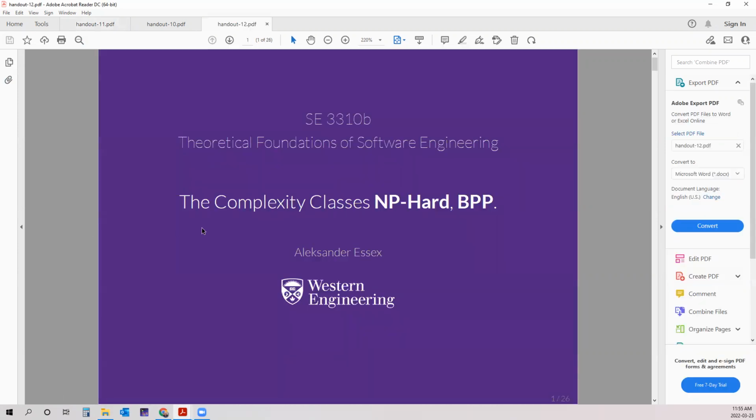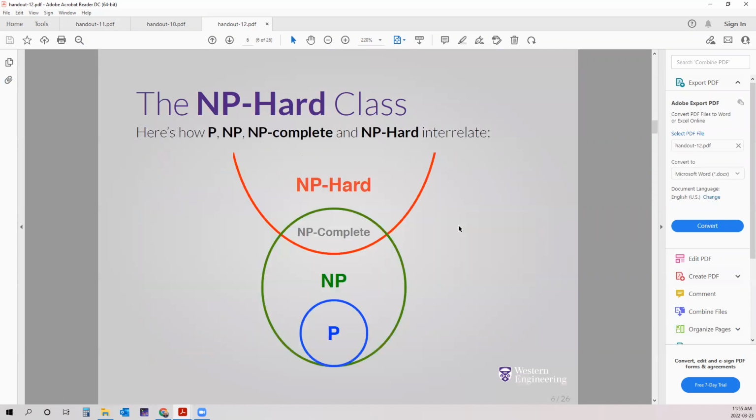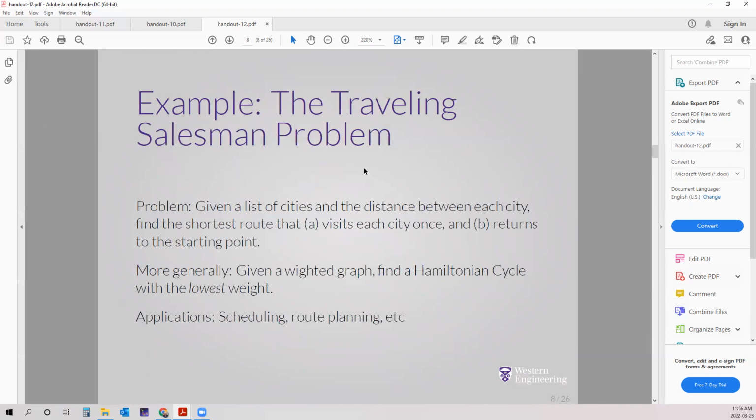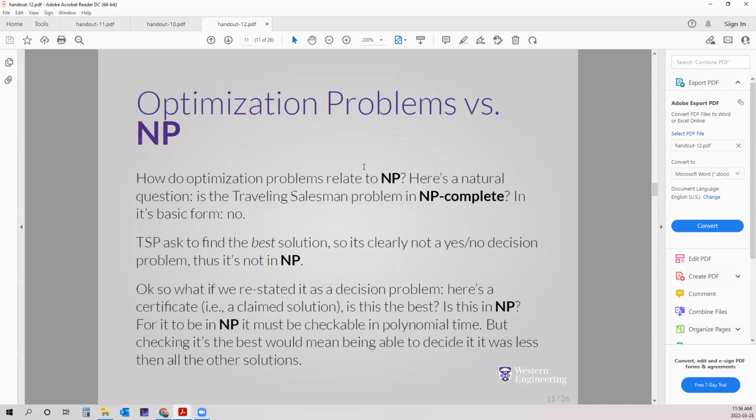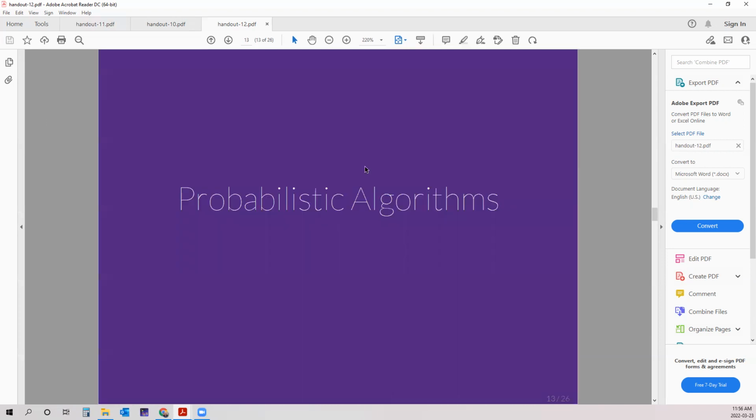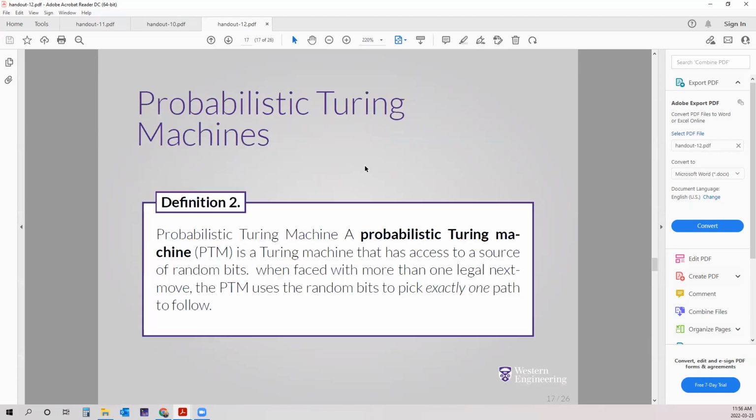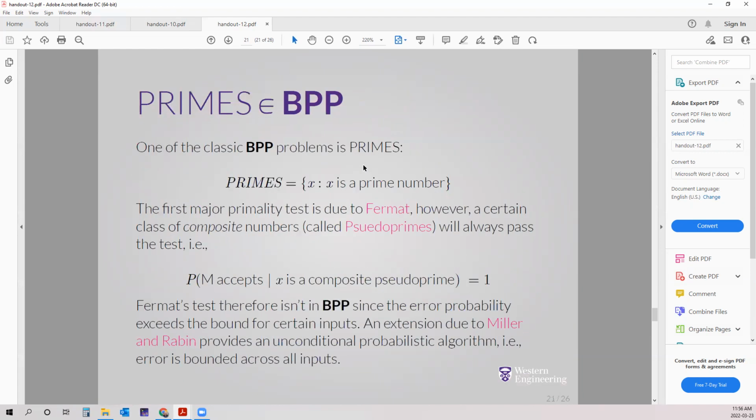Then we'll have handout 12, the classes NP-hard and BPP, and we'll start talking about optimization and knapsack problems.